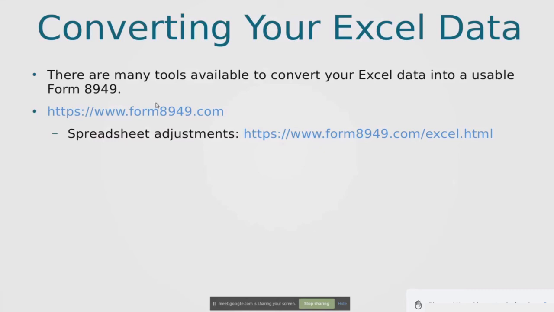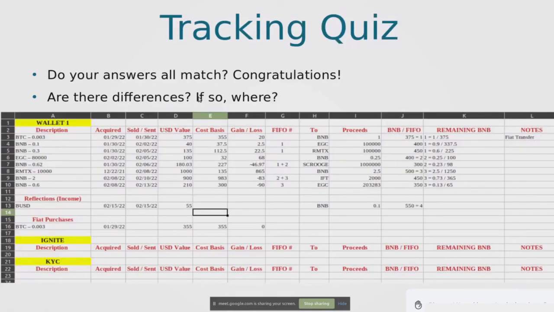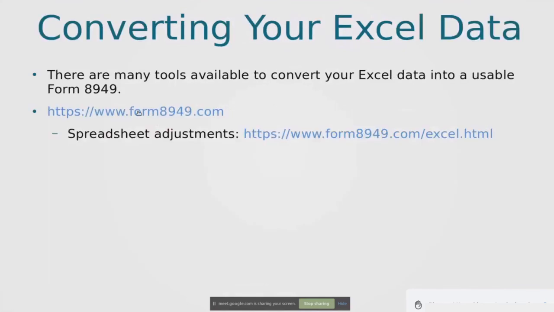Thanks. All right, so this is super helpful because what's going to happen at the end of the year? I mean, it's February 3rd, and I already have like 50 transactions that I've tracked just for January. And I'm not going to want to enter those by hand at the end of the year. So there's a really good website called form8949.com.